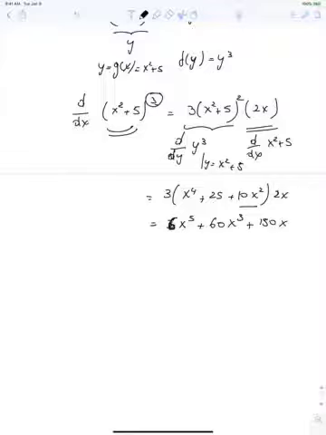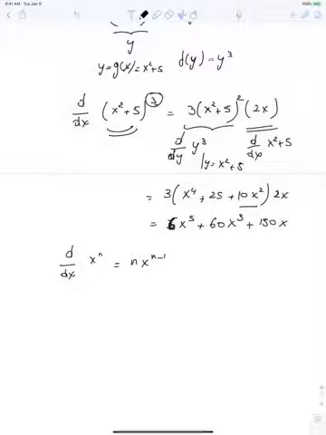So the idea here is that if we have something in the form d/dx of x power n, this is going to be n times x power n minus 1.